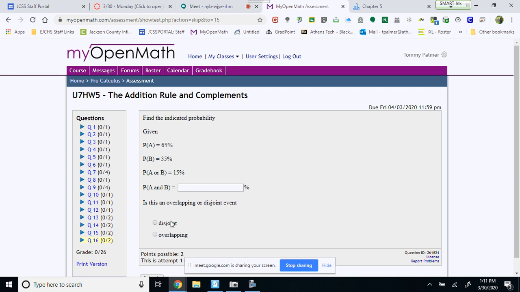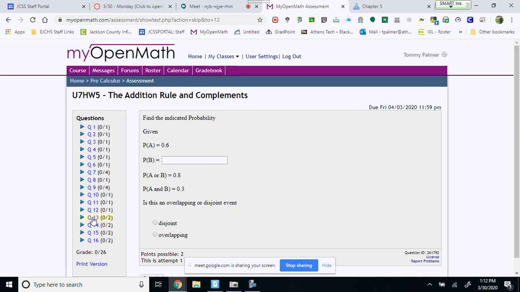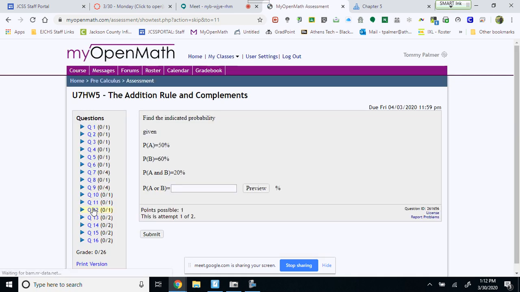Disjoint or overlapping. Disjoint means it's separate. Overlapping means one's in place to complement all that stuff. So we may have to look at some of those, 14, 15, 16, 13, 11.